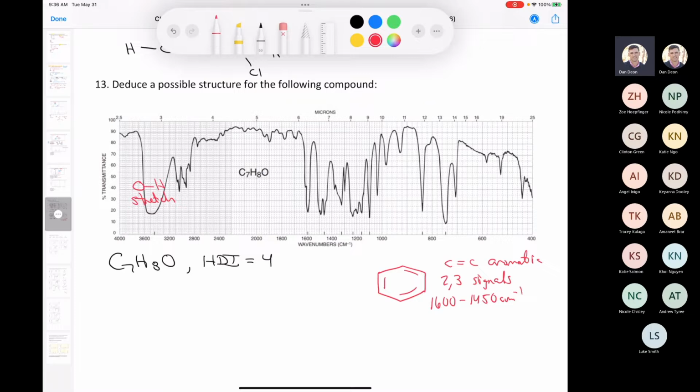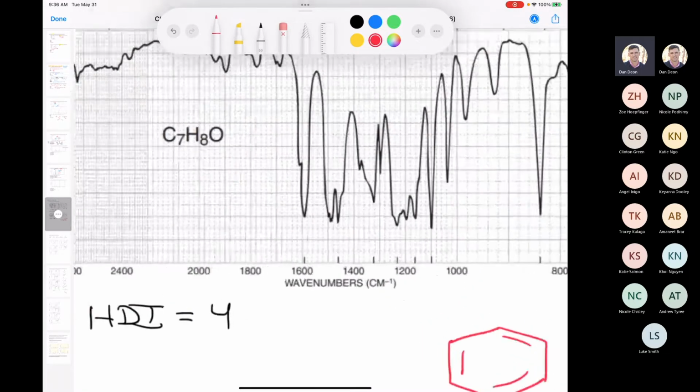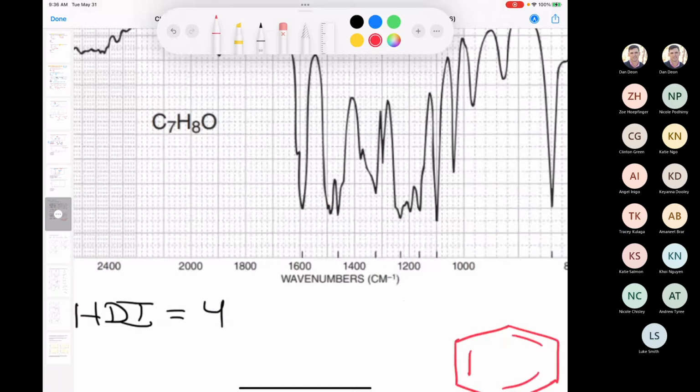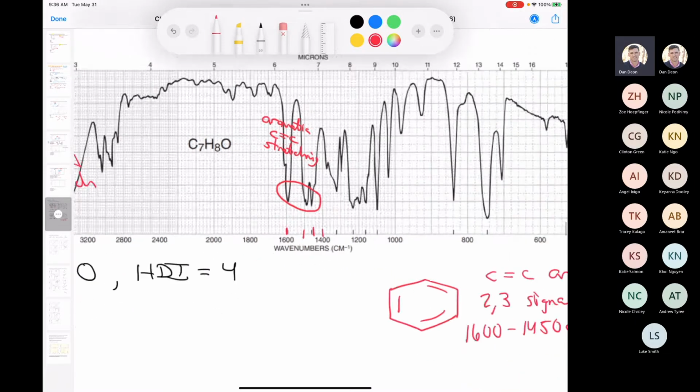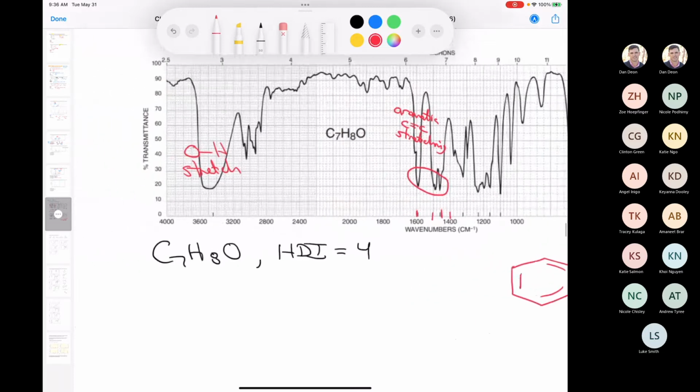So if I look here and I zoom in, you see that this is 1400, this is 1500. So this is around 1450 here, and this is around 1600. So you see how I have these 3 absorbances here? This would be the aromatic carbon-carbon double bond stretching. So that means I have an aromatic ring in my compound.